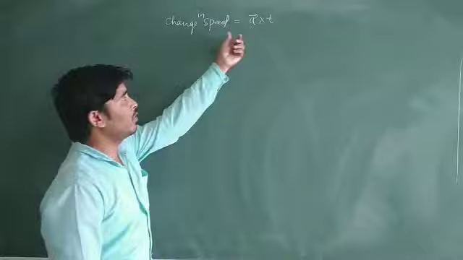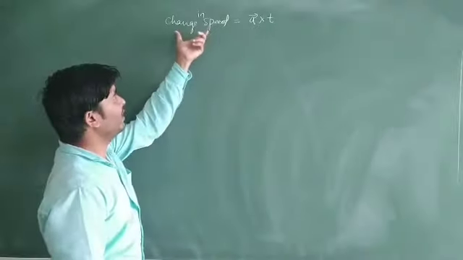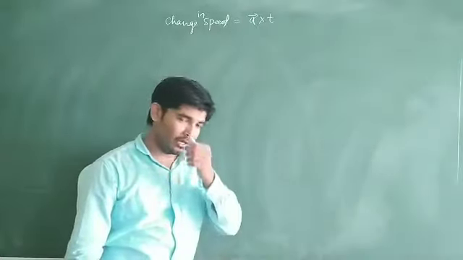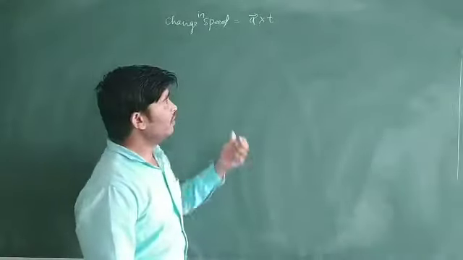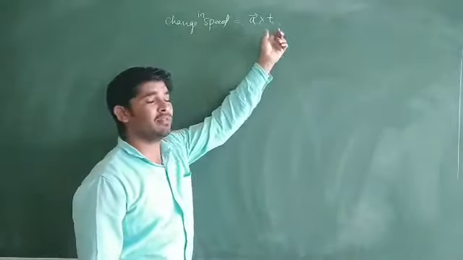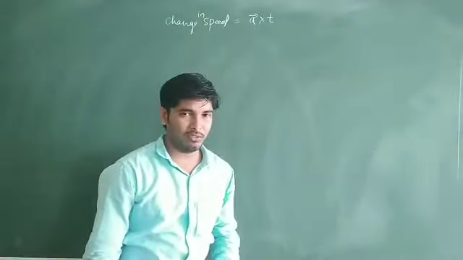So from the acceleration time graph we can find the change in speed of a body at any interval of time, by finding the area enclosed between the graph and the time axis.